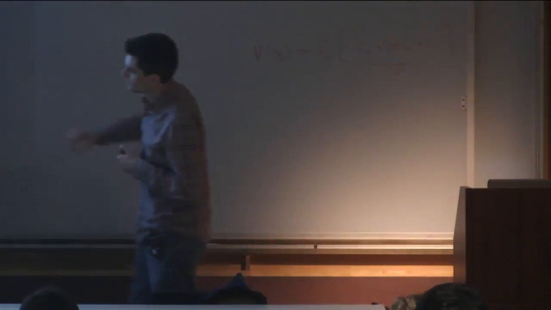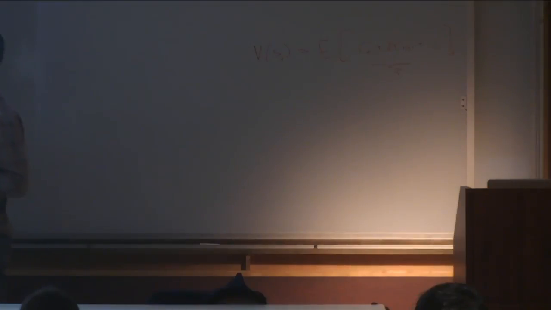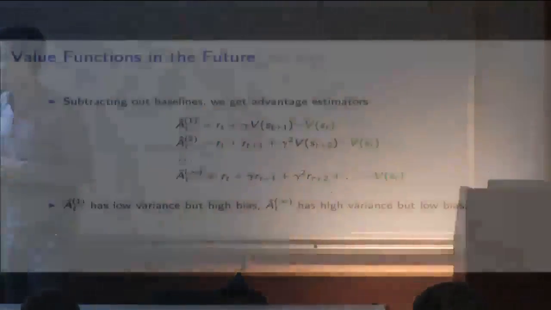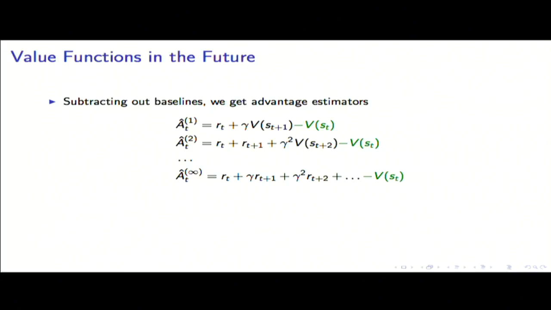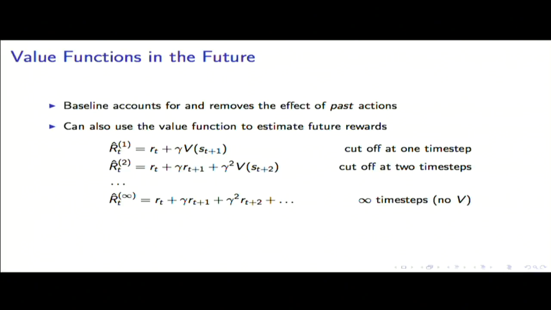So I made this claim that the advantage's first expression has high bias and the last expression has low bias. That's not totally obvious given the formulas written down here. But if we go back to the previous slide where we're looking at estimates of the return, it's pretty clear that if we look at these as estimators of the Q function, or of the expected return, the first one has high bias and the last one has low bias, because the last one doesn't depend on v at all.